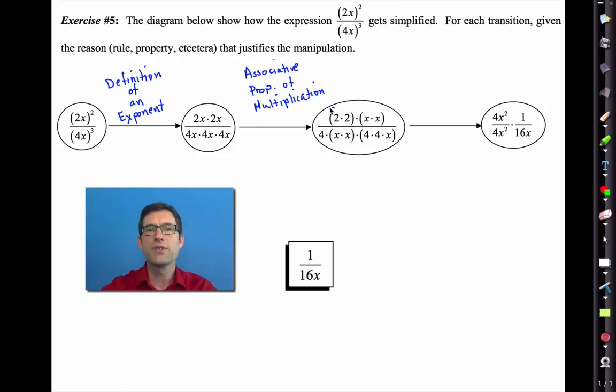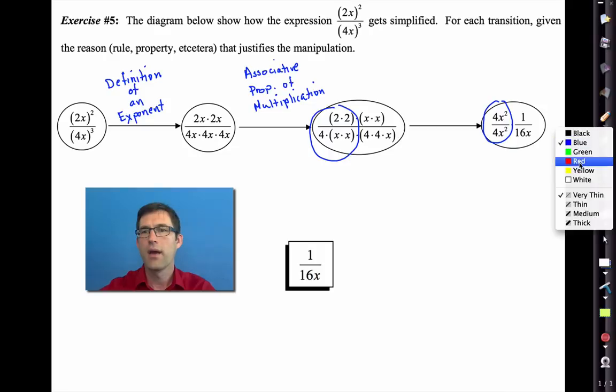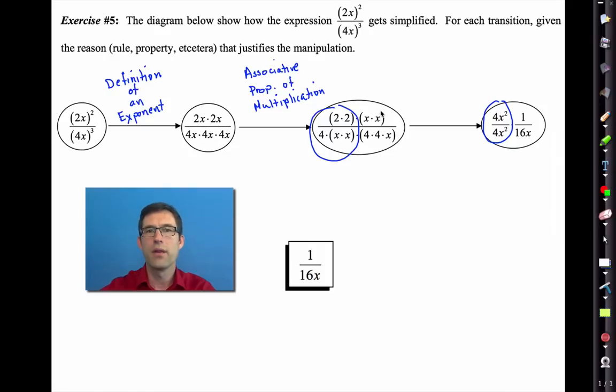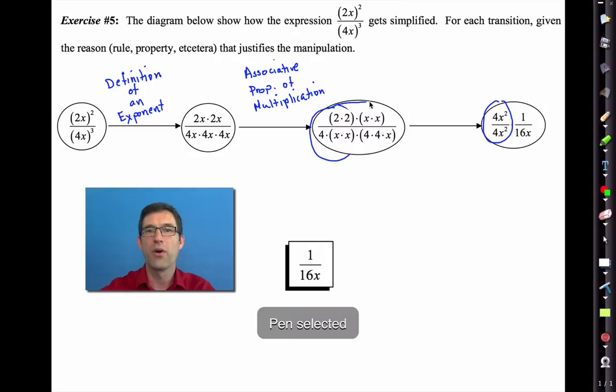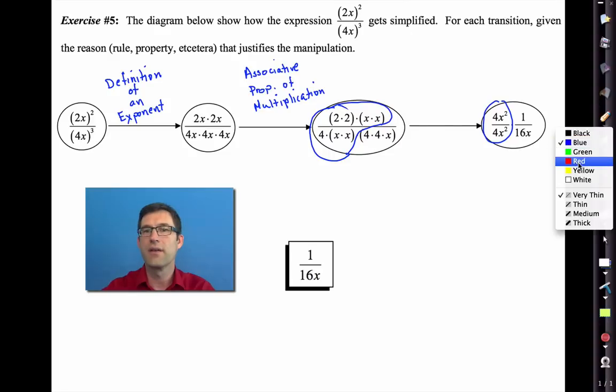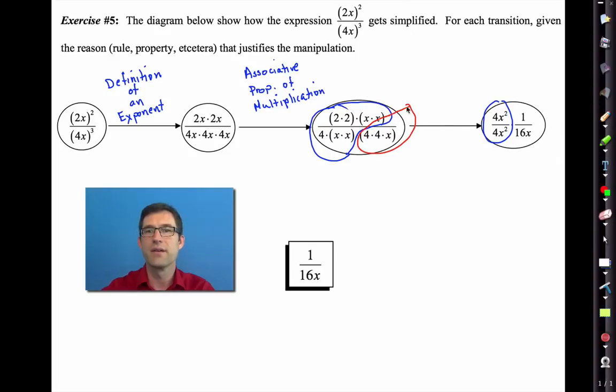Then we just ungrouped this fraction. We put that here, and we put, whoops, well actually not just that, sorry, that was bad. Let me expand my circle a bit. All right, we put all of this here, and then we left the rest of it, if you will, this part of it here.